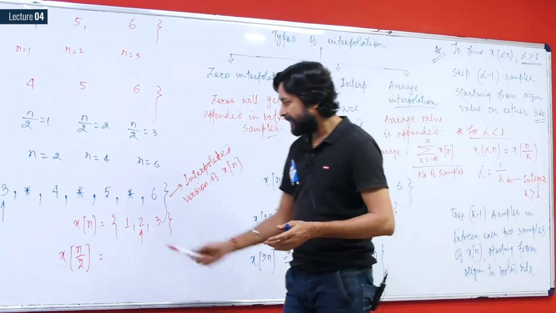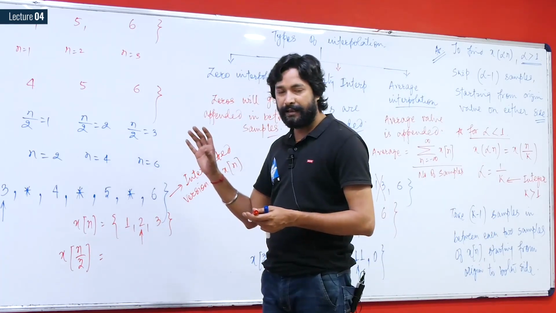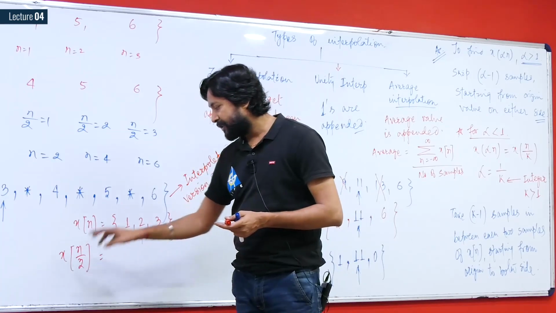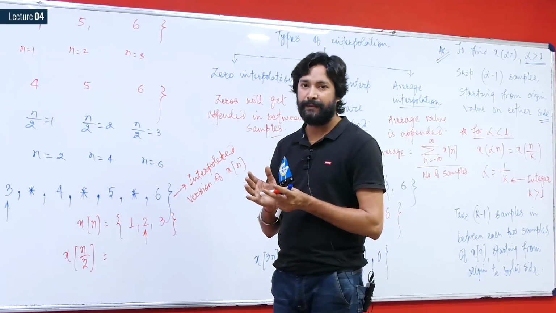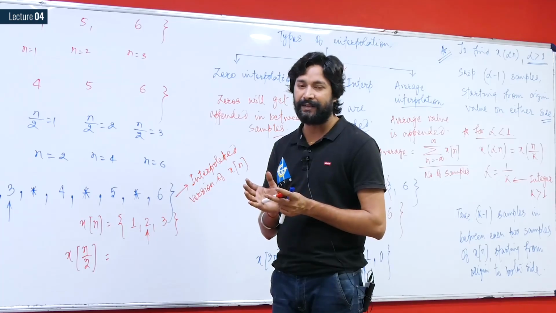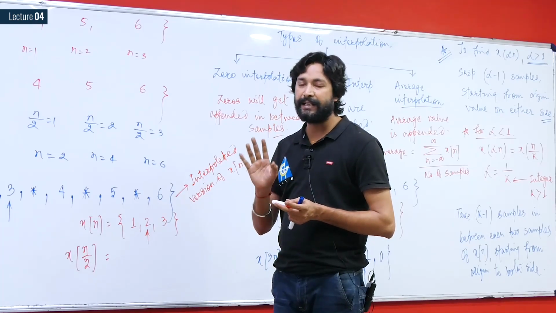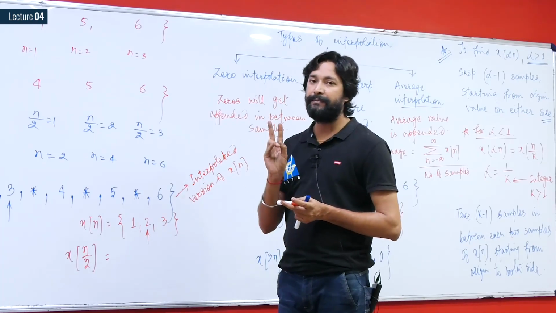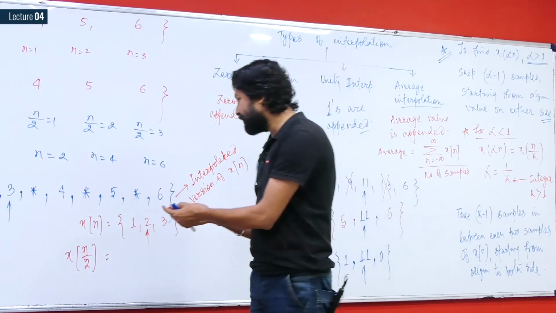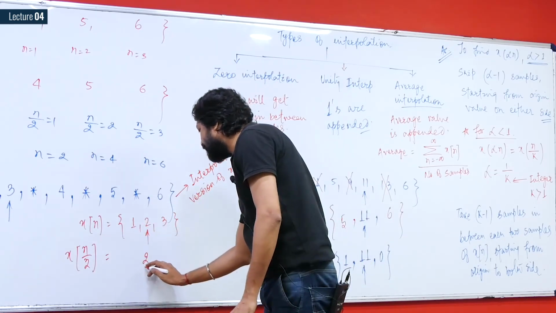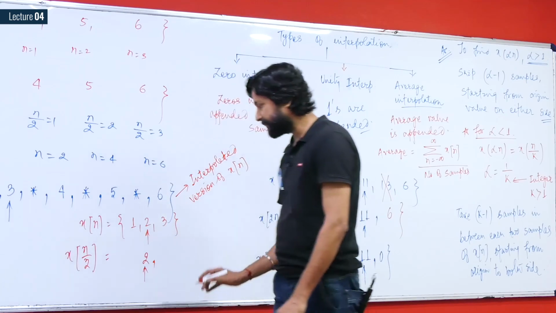So if you have to interpolate by a factor 3, you will have to take 3 minus 1, that is k minus 1, which is 2 zeros. In case of zero interpolation, you will take 2 zeros starting from the origin. So you have written the origin value, that is 2.